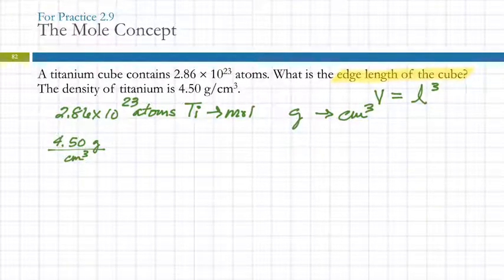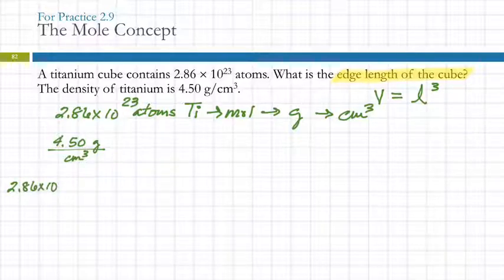Can I convert moles to grams? Yes. And there's the path. So we're going to use dimensional analysis to take the numbers we were given and calculate the volume of this cube, and then we'll use this geometry equation to find the length. So I have 3 arrows. I need 3 conversion factors.